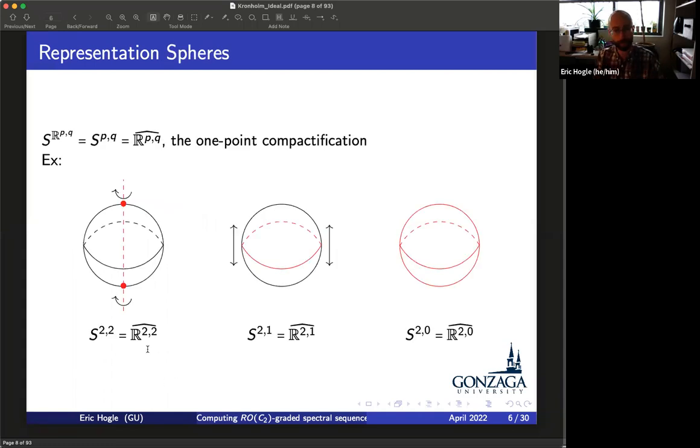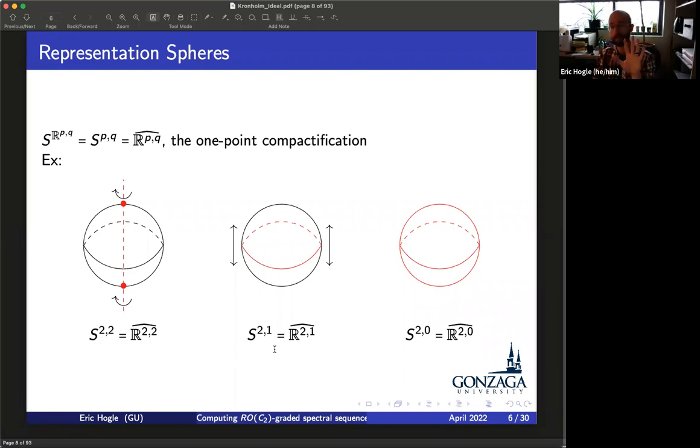So if you think about the two-dimensional possibilities, R^{2,2} is going to be a plane where you're switching both coordinates, and you can think of that as just rotating the plane. And if we compactify, that's what this little hat means, that plane, we gather up the point at infinity to a point, we get a sphere that's rotating. So S^{2,2} is the compactification of this two-dimensional representation with two sign representations in it, and it's this rotating sphere.